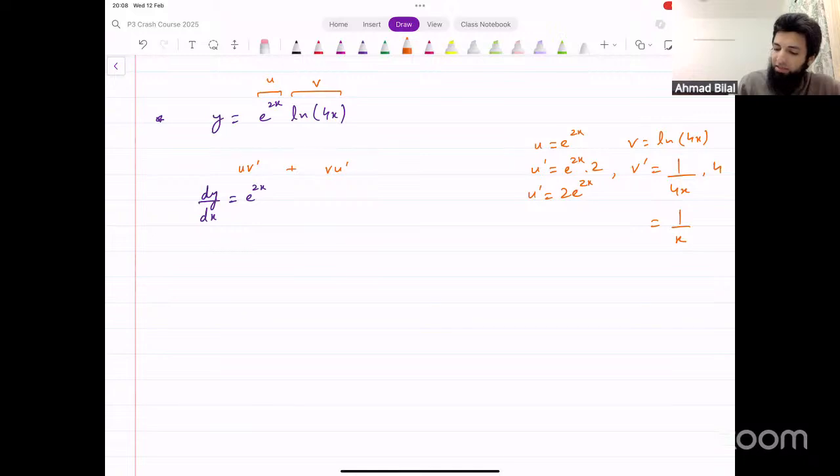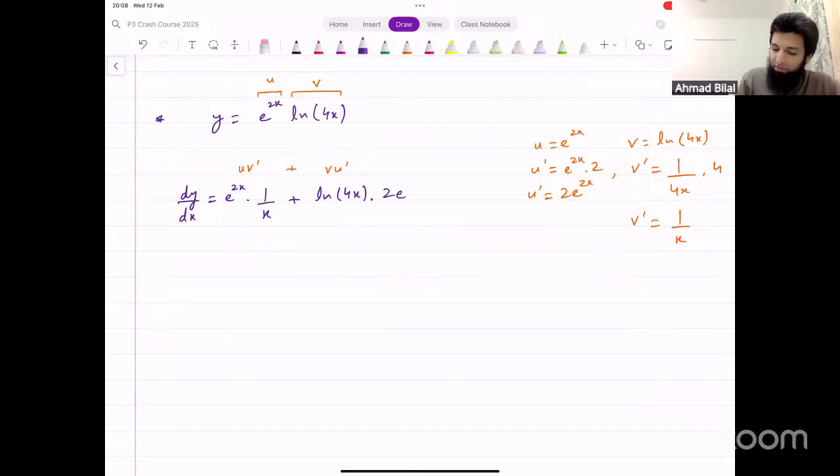So u dash is this and v dash is this. All we have to do now is input these values in the product rule, and that will give us the derivative. dy over dx equals e power 2x times v dash, which is 1 over x, plus vu dash, v is ln of 4x, times u dash, which is 2e raised to power 2x.